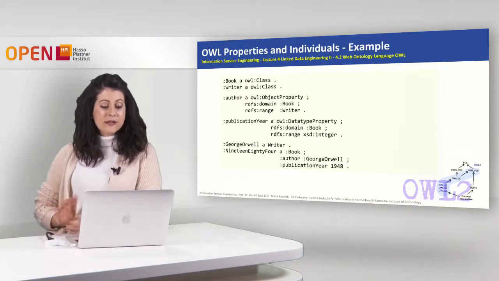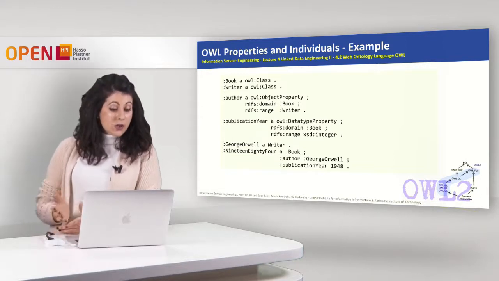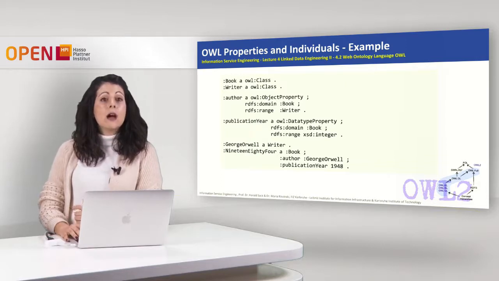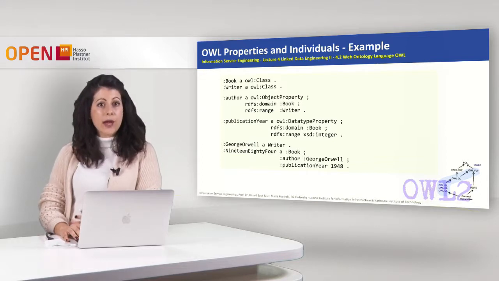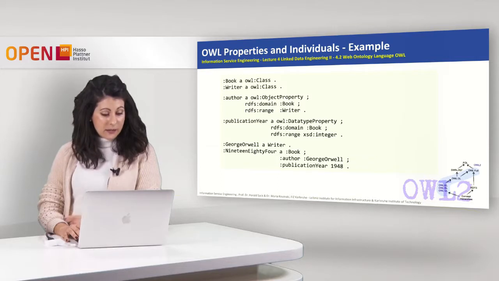So let's see a full example that contains properties, definitions, and individuals together. So let's start. What do we do in the beginning? We define a class. So Book is a class, Writer is a class as well. Then we have author as being an object property. That's why we have author a owl:ObjectProperty. We define the domain being Book and the range being Writer.